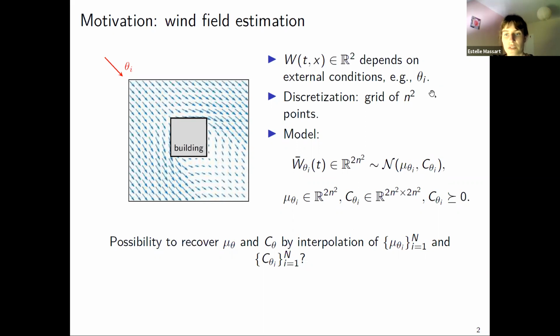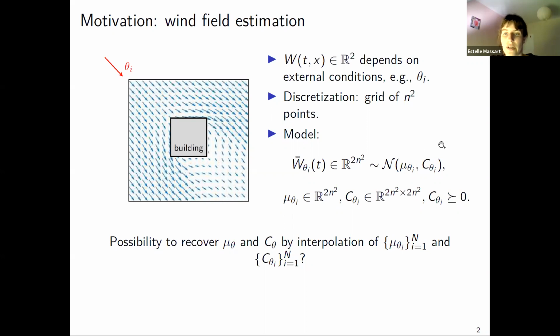And so the main difficulty with this approach was that each time they changed theta i, they needed to recompute those two parameters here. And this is very, very heavy on a computational level. So they needed to recompute those just to run computational fluid dynamics models, which were very heavy to run.